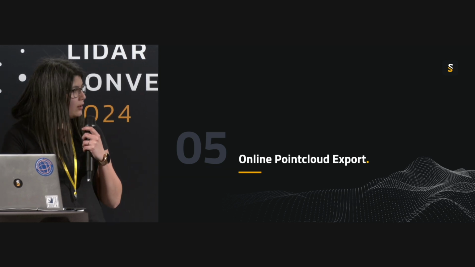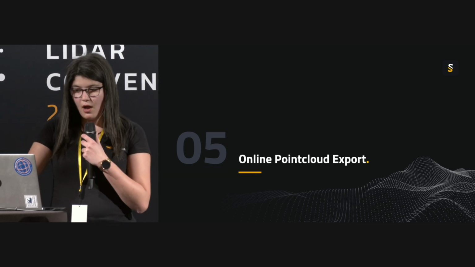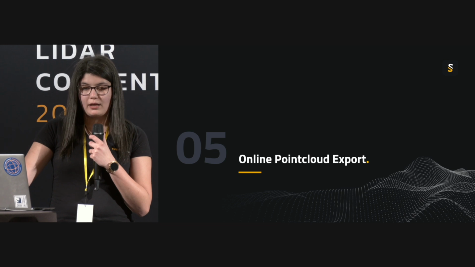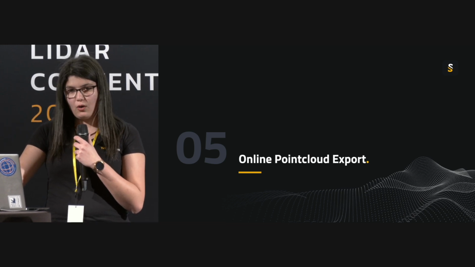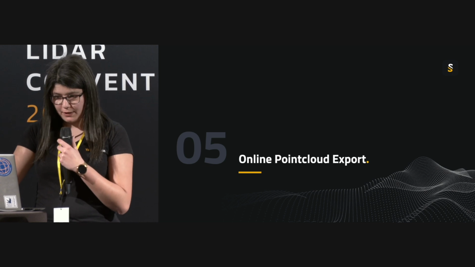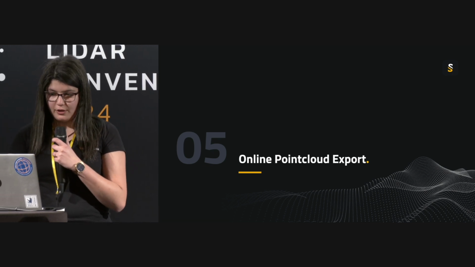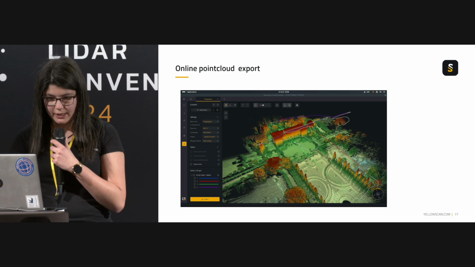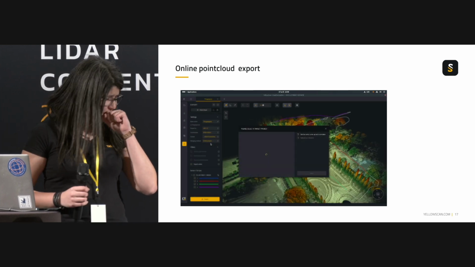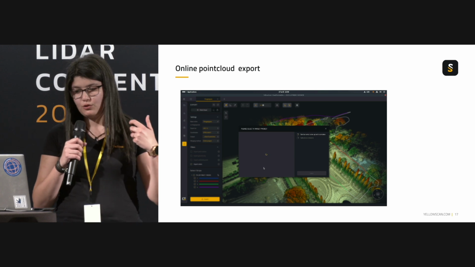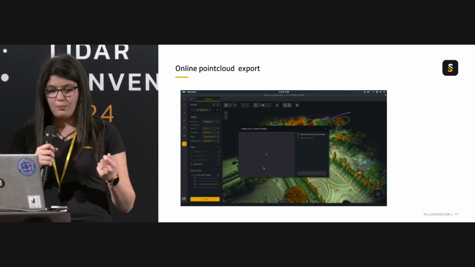Now we have online point cloud export. So for now, in the CloudStation, when you want to export your point cloud, you could do it only on your local disk. But now we've introduced the possibility to export into a third-party provider.